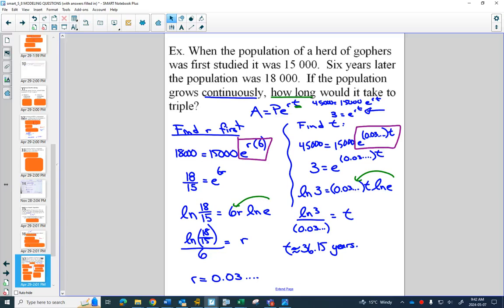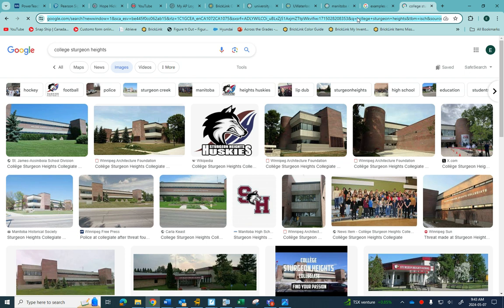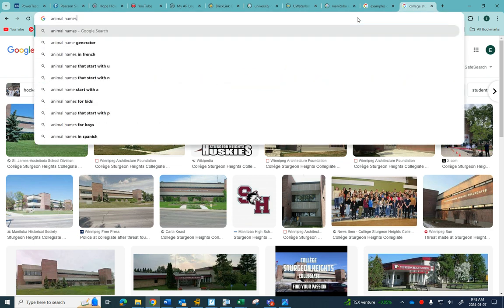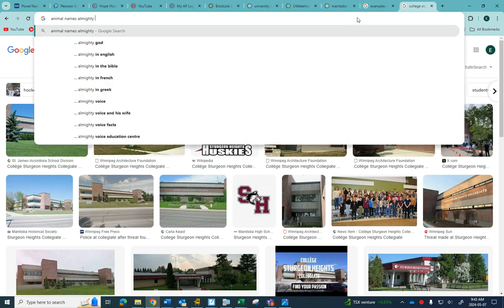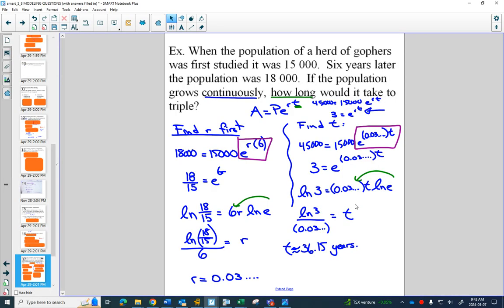In the wording of this question, there's one word that is wrong. What word is it? Any guesses?